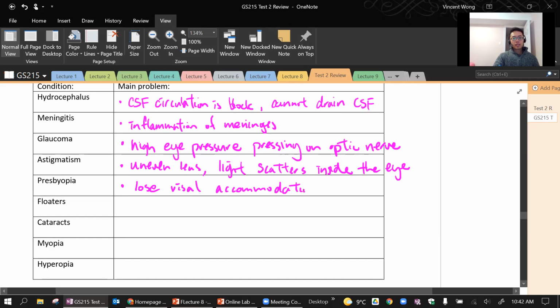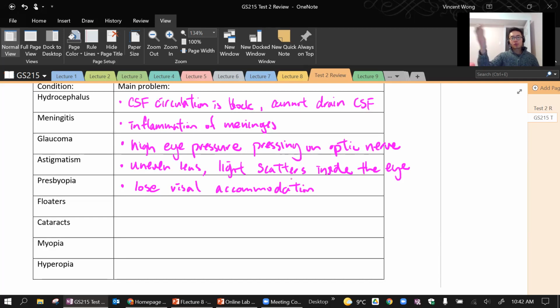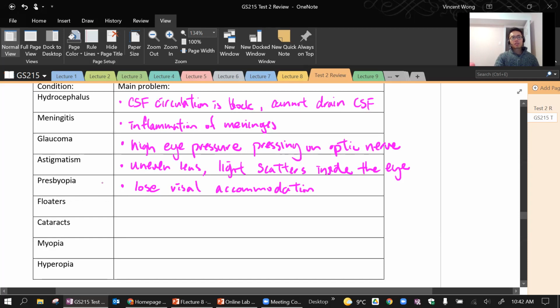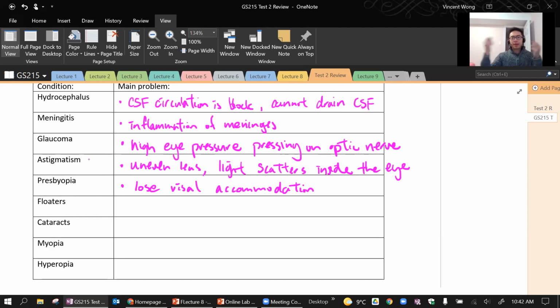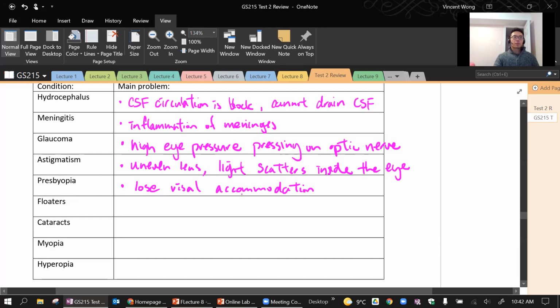Okay, accommodation is when your lens is able to change the thickness accordingly as you shift the focus from far away to nearby. And what happens is those suspensory ligaments, it's like an elastic band, right? You pull it many times, it loses the elasticity. So that's what happens when you get older and you cannot change the shape quick enough. So you get presbyopia. You cannot focus on what you're reading.